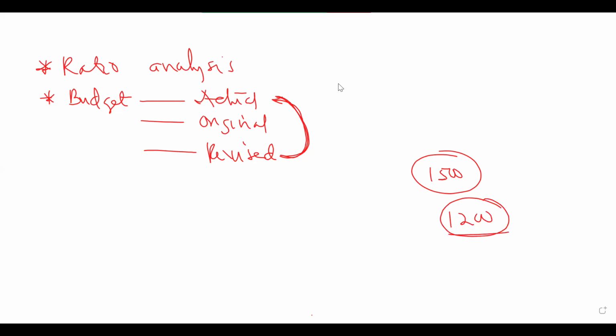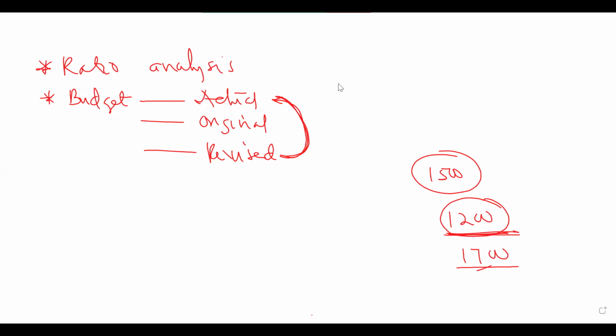This is now the new amount that you budgeted to spend for the month. At the end of the day, you have ended up spending 1,700. So you now compare your new budget against your actual. Whatever be the case, you are going to be using the revised budget against the actual.